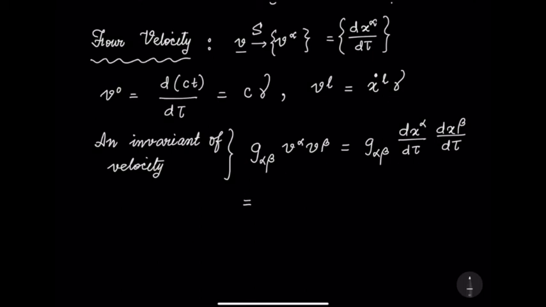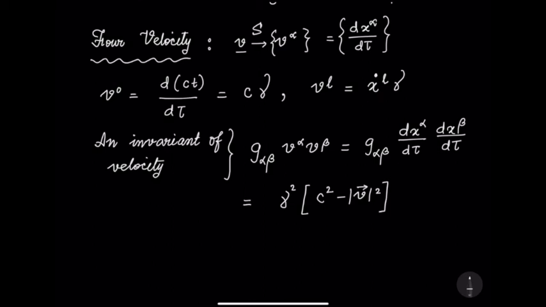The first term will be v0 square. V0 square is c square times gamma square. So let's take gamma square outside. And for the spatial part, I have vx square plus vy square plus vz square, which is my three velocity square, times gamma.